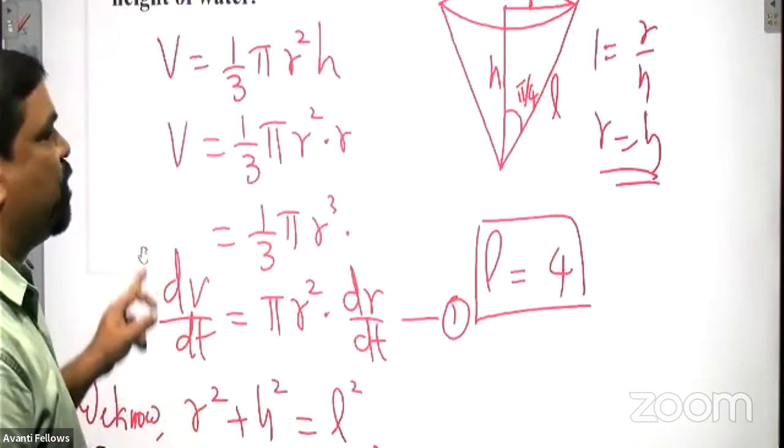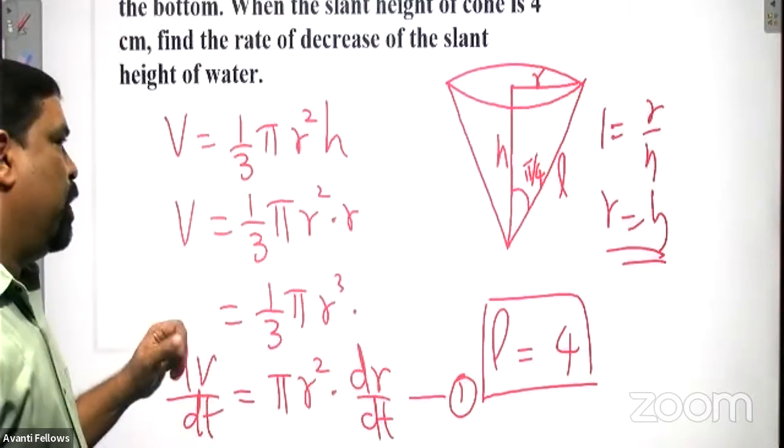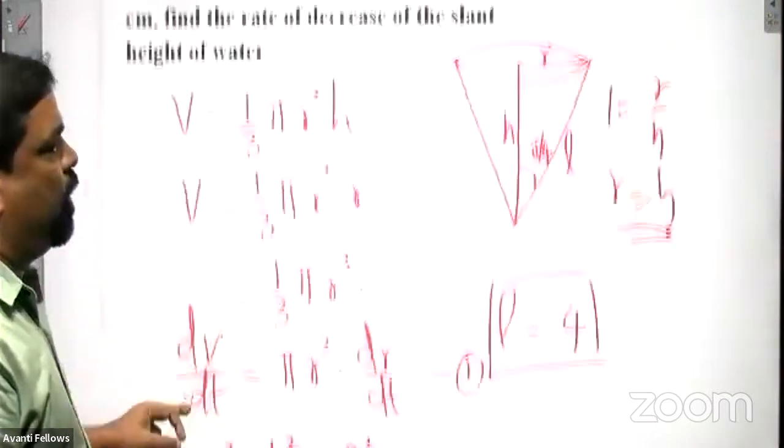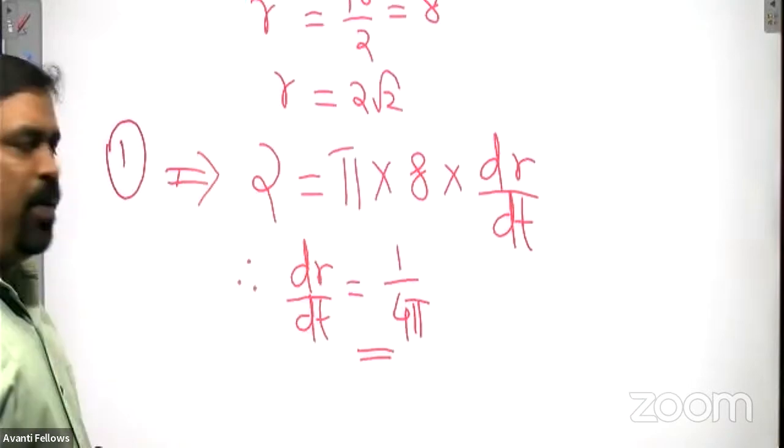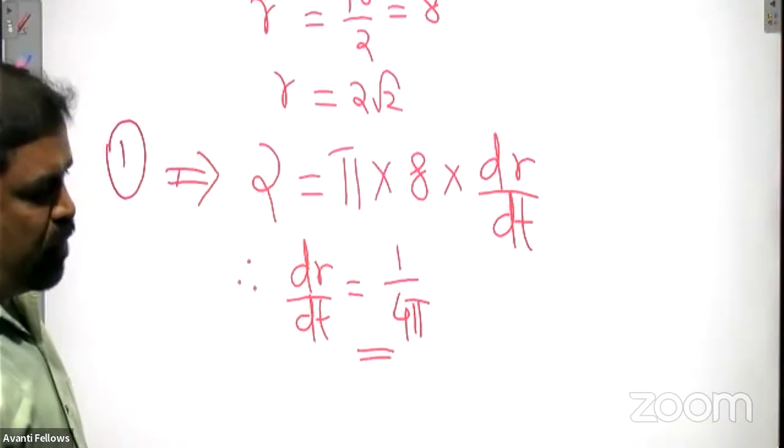So how to get the value of dL by dt? We know dr by dt, we got the value as 1 by 4 pi. Now using that, we have to find dL by dt.